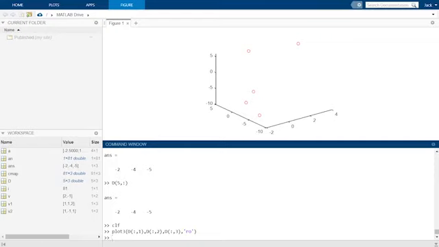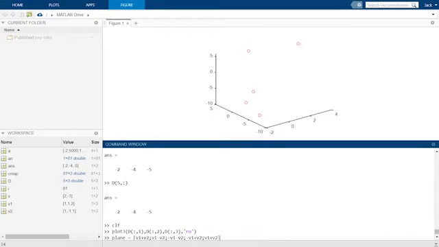We can define a square, which is 4 line segments, to represent the plane. The 4 corners of the square will be v1 plus v2, then v1 minus v2, then minus v1 minus v2, then minus v1 plus v2. Then we connect back to the original corner at v1 plus v2.